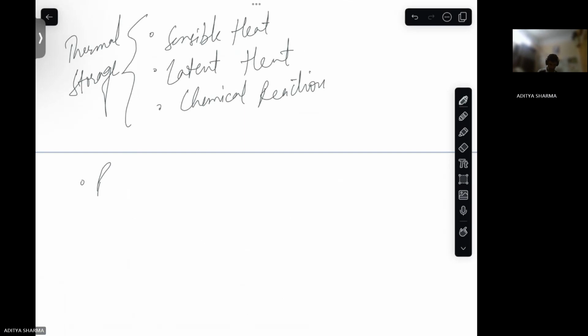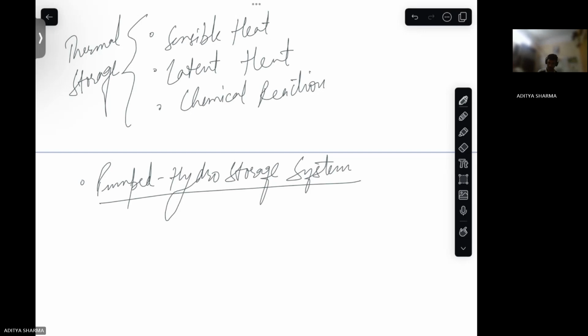Then discussing the pumped hydro storage system. So what happens here? Basically, when we have extra energy, we are converting it into potential energy.